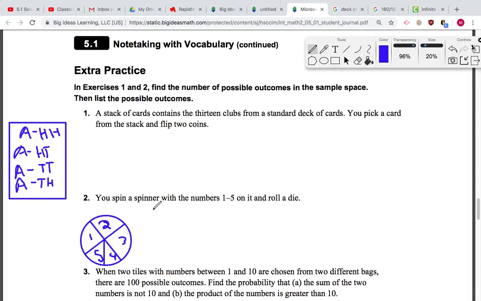So we could get a 1 and then a 1 on the die. I could spin a 1 and then roll a 1. I could spin a 1, then roll a 2. I could spin a 1, then roll a 3, and so on and so forth.